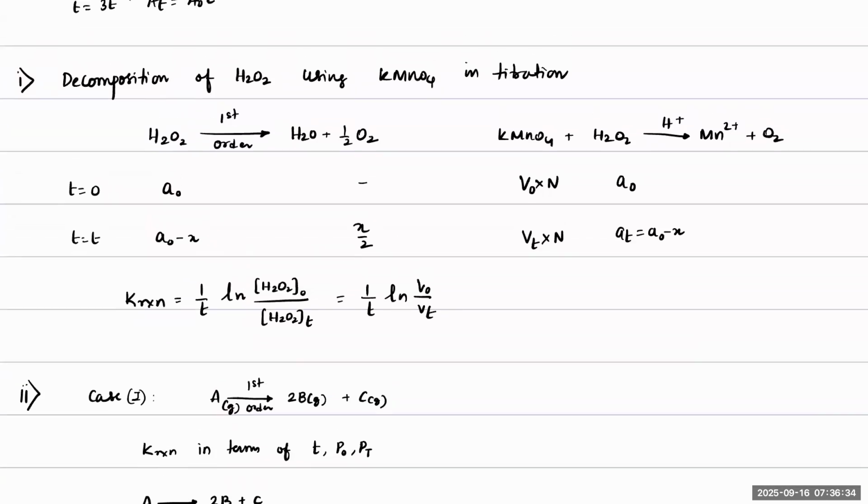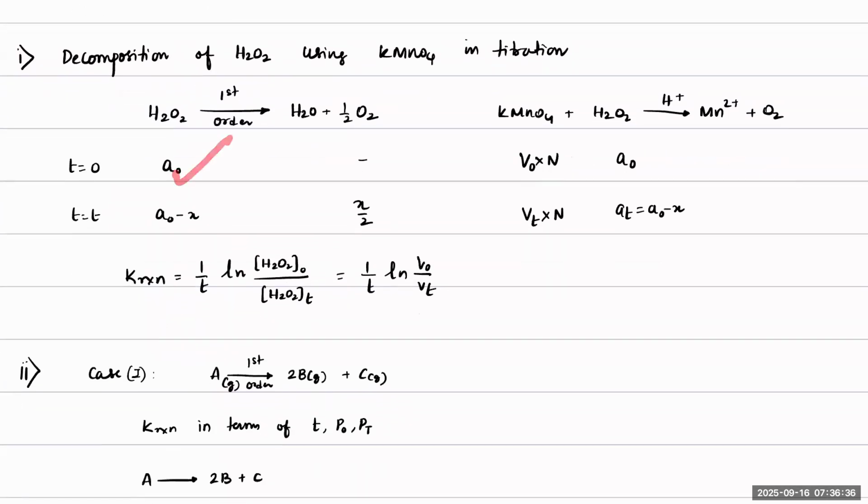So you could always relate how much oxygen has been released with how much A naught has been consumed, correct? Now, the A naught consumed can be related to how much KMnO4 we are using, as every time we titrate that H2O2 at different times and see how much is being used. Clear?